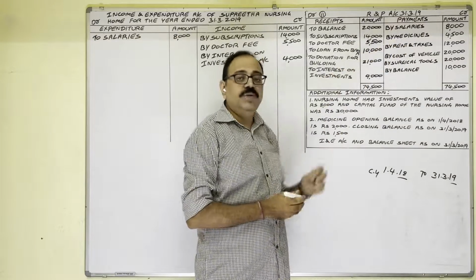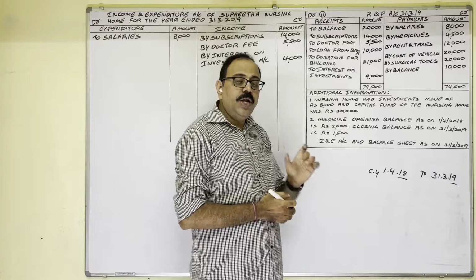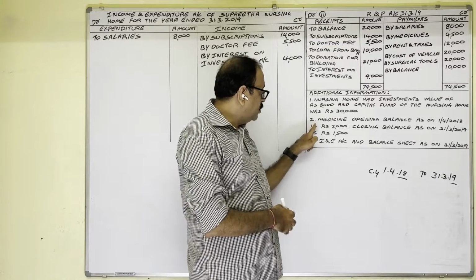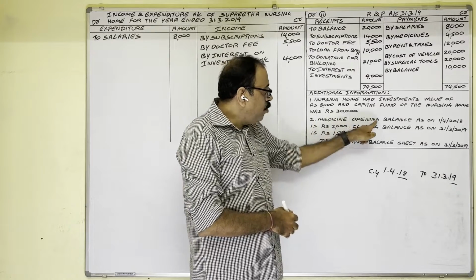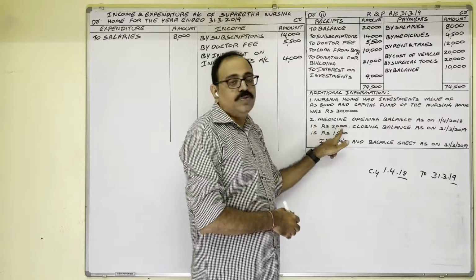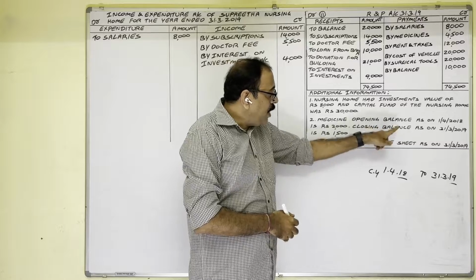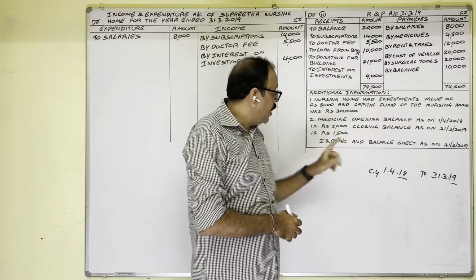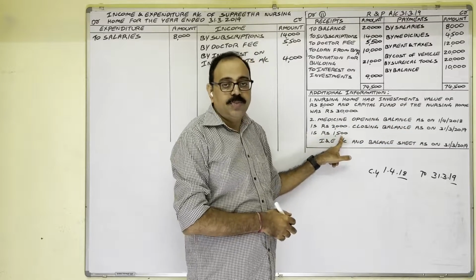Medicines 4,500. And related to this, there is one adjustment, second part. Medicine opening balance as on 1st April 18 is 2,000 rupees. Closing balance as on 31st March 19 is 1,500 rupees.